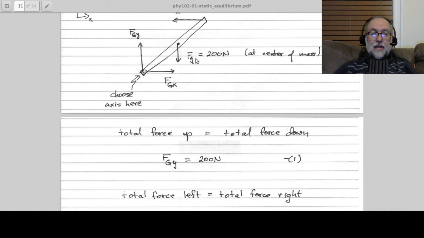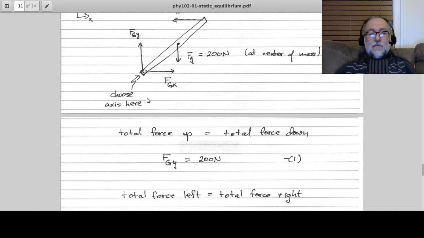That's got to balance the force of gravity down, which is 200 newtons. So the ground is pushing up with 200 newtons because gravity is pulling down with 200 newtons. Makes sense. There's equation number one, and we actually have one of the unknowns, F capital G Y.